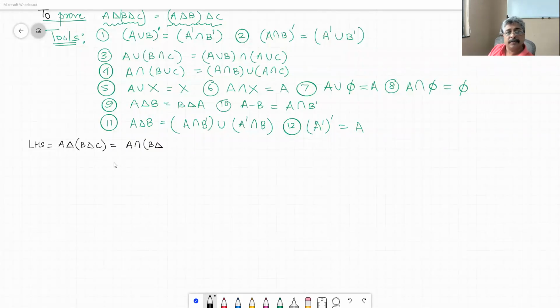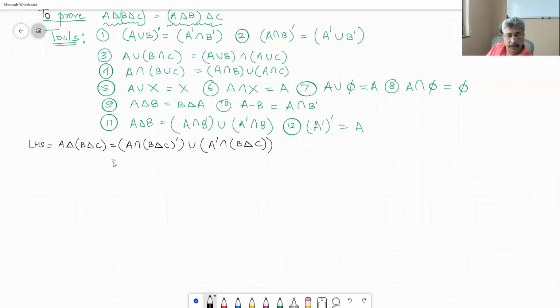Let us start writing LHS. A delta B delta C is A intersection B delta C complement union A complement intersection B delta C. Correct?